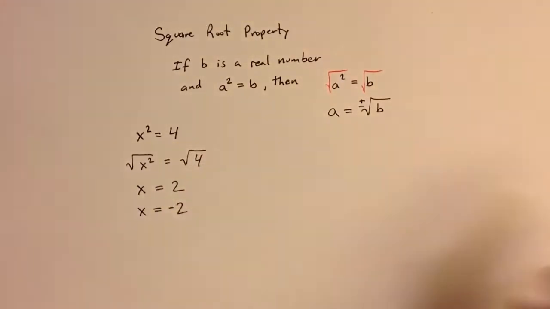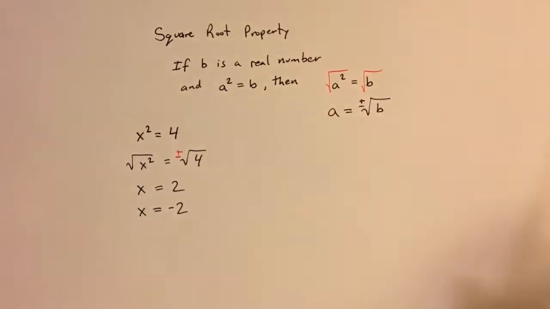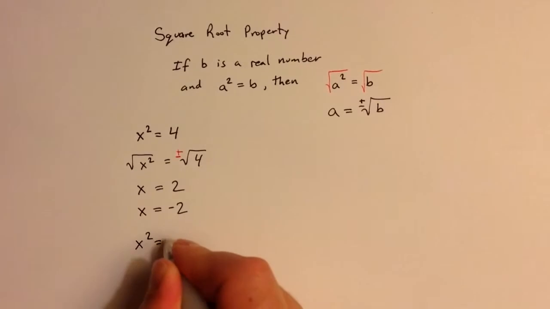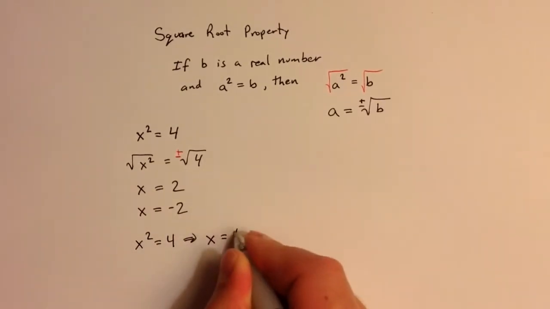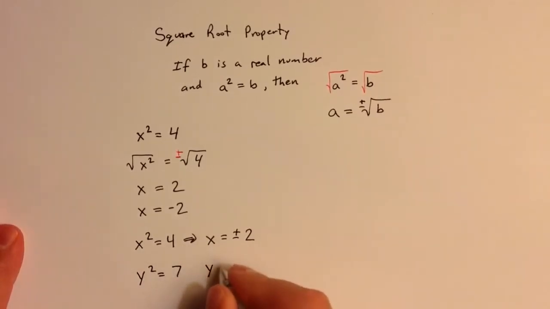And so the way we describe that, when we solve the equation, we could put a plus or minus sign in front of the square root. So we could say x squared equals 4 implies that x equals plus or minus 2. In a similar way, if y squared equals 7, we could say y equals plus or minus the square root of 7.